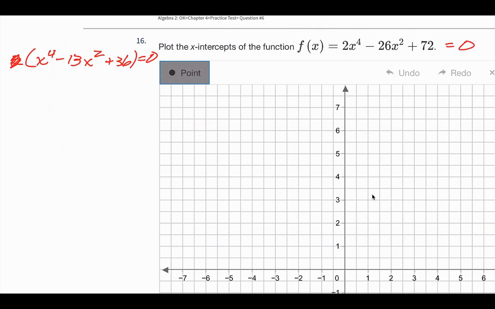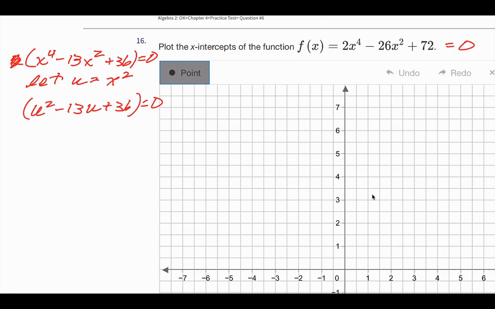Now, some of you will recognize it as a quadratic, but if you don't, remember I showed you that substitution method where you can say let u equal x squared. So if I let that happen, then I'll have u squared minus 13u plus 36 is equal to 0. And now some of you will see it a little better.